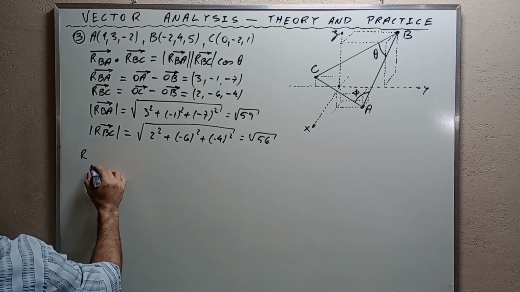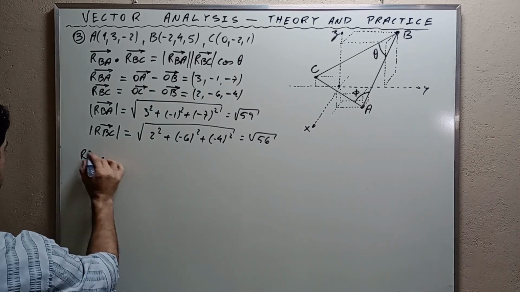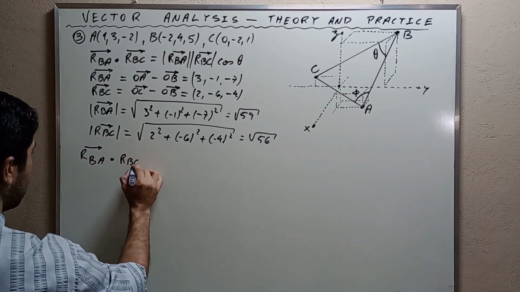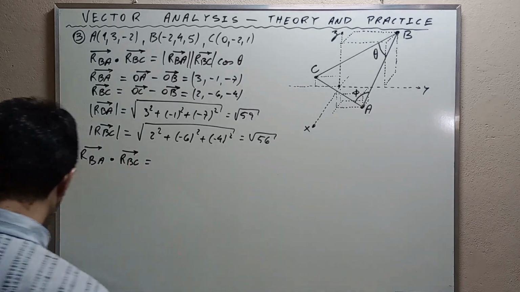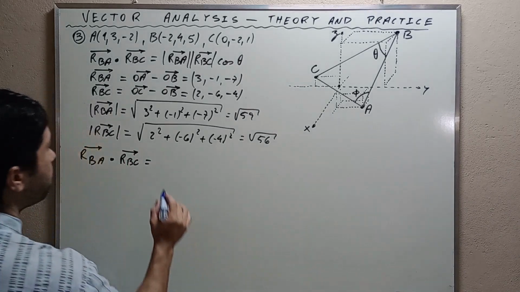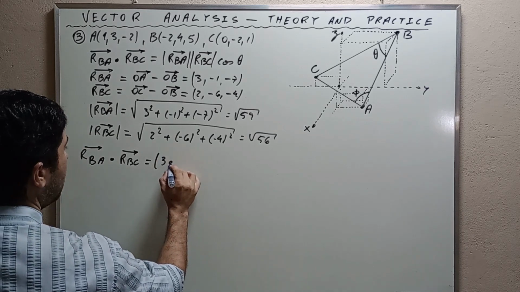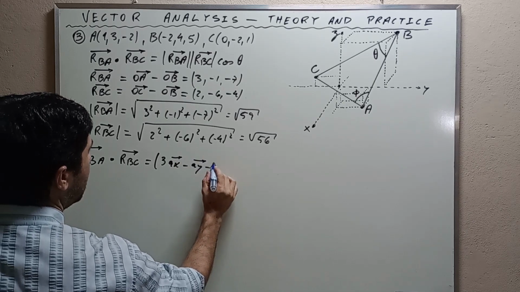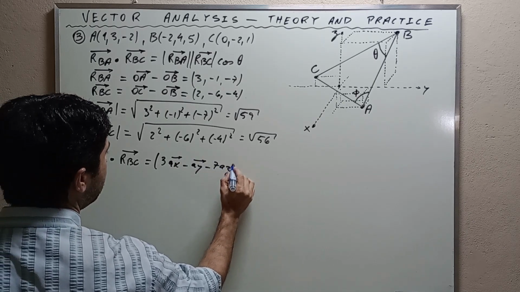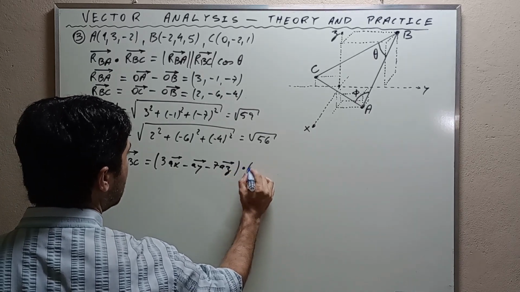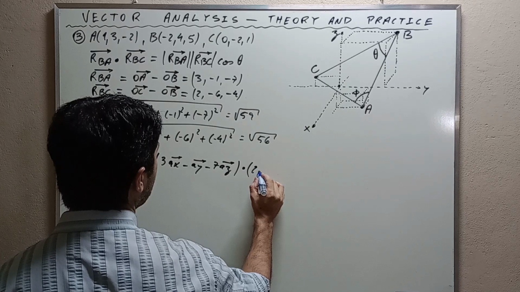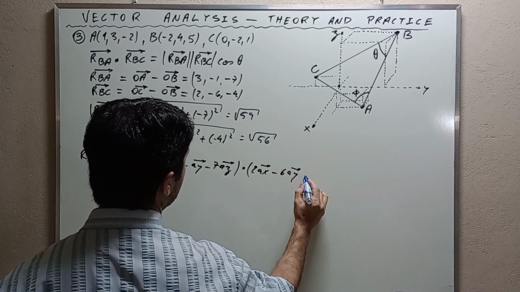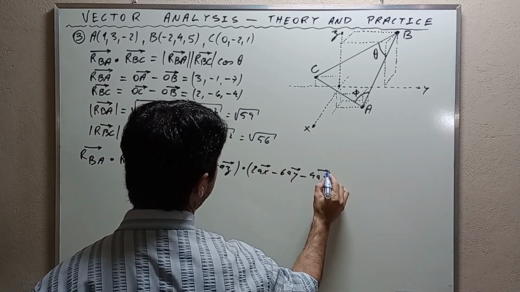R_BA in a dot product with R_BC is simply 3ax minus ay minus 7az dot 2ax minus 6ay minus 4az.